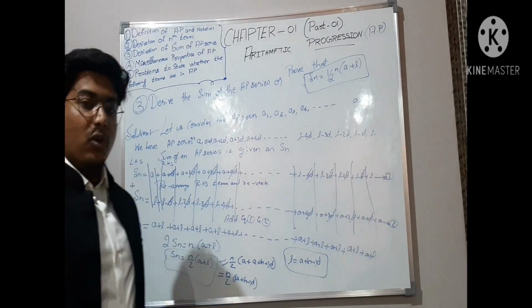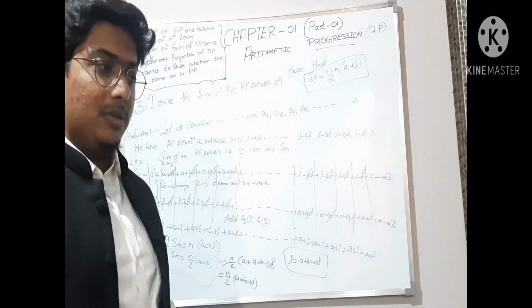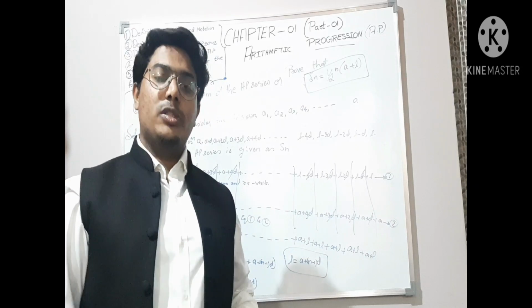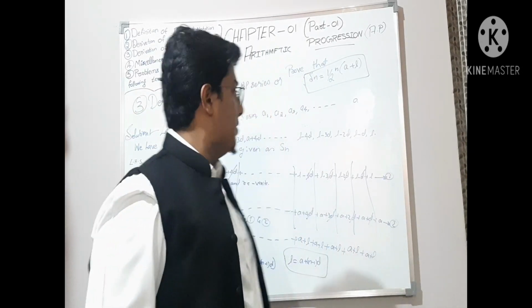So you can choose any formula to solve problems on arithmetic progression series. The fourth important concept, we will be moving on to the miscellaneous properties of arithmetic progression series.